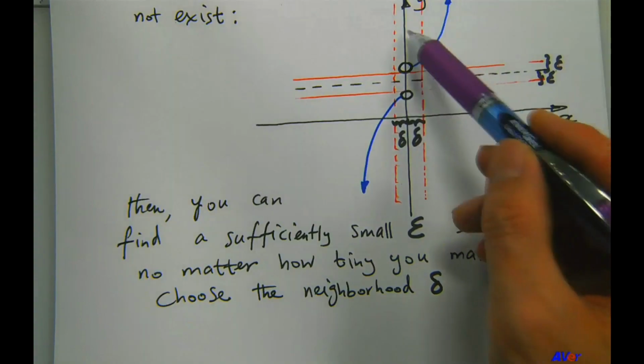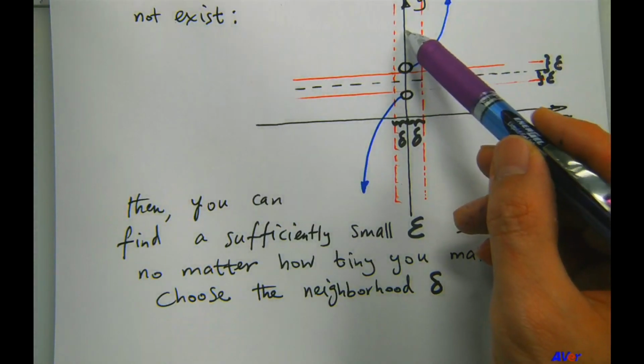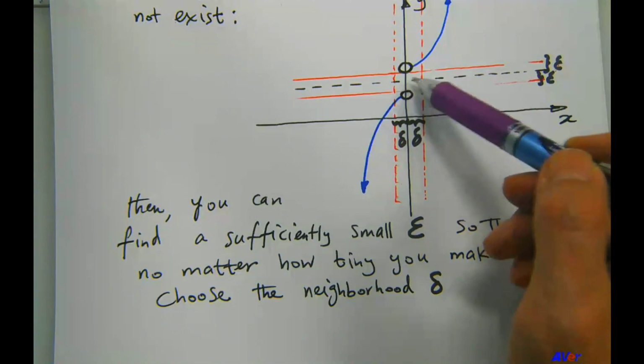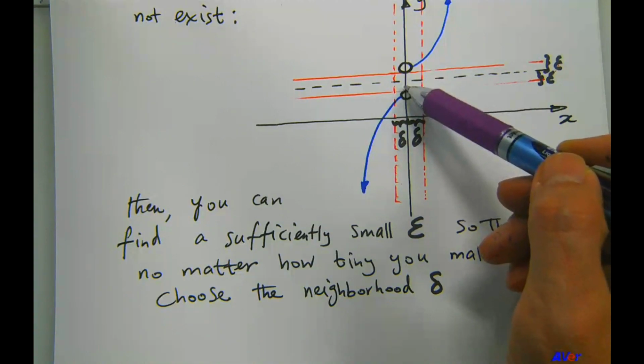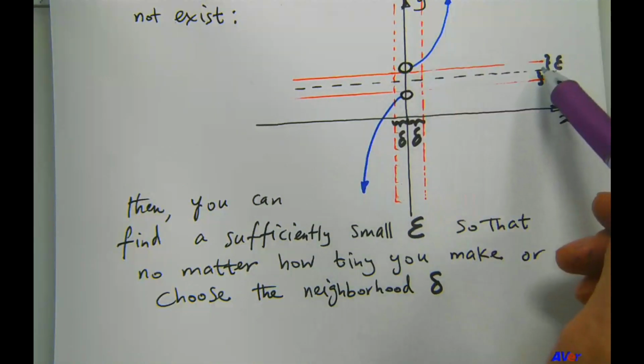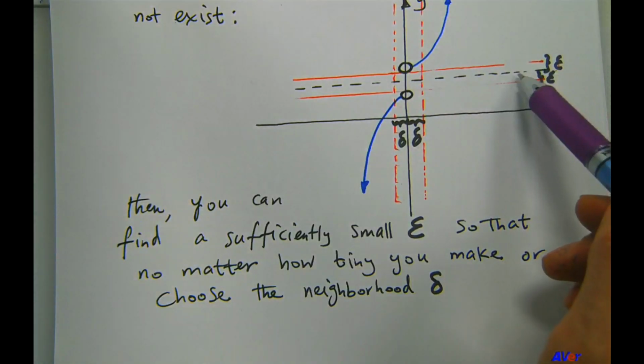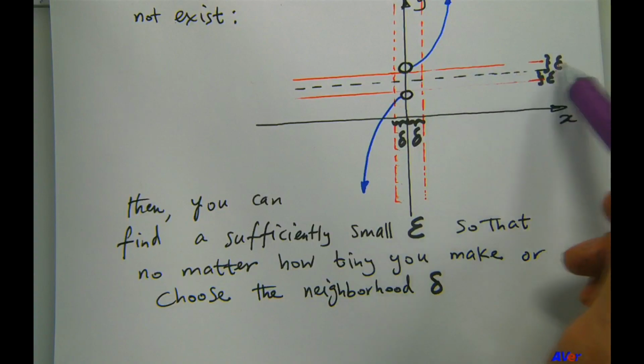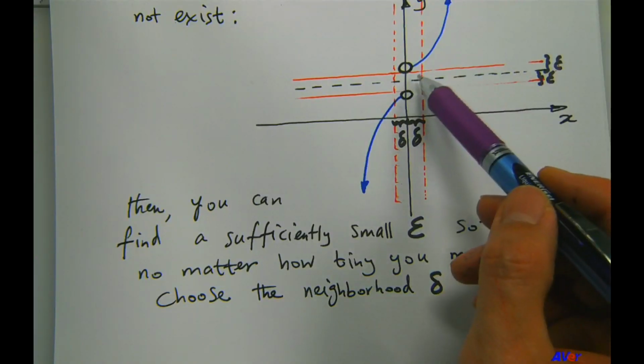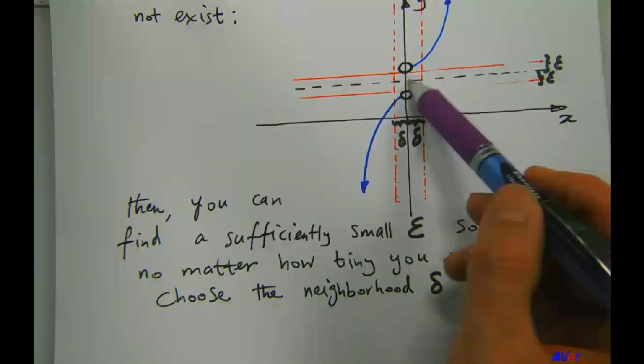Because if you pick epsilon large, it won't show you whether the limit does or does not exist. You should be able to pick epsilon as small as you want. In this case, what I wanted was to pick epsilon small enough to fit in between this gap.